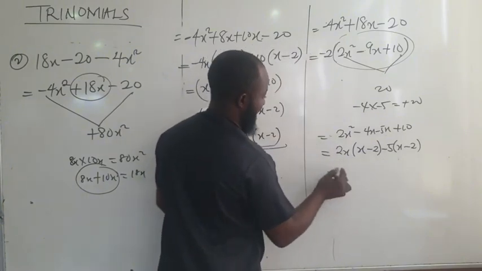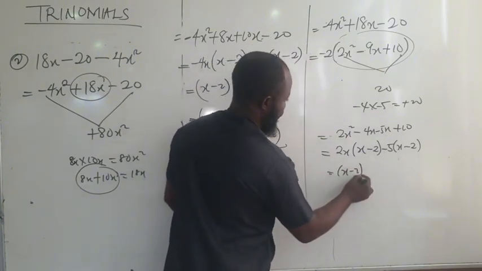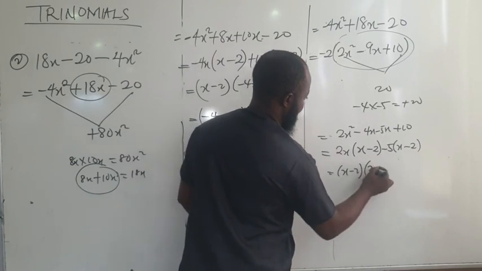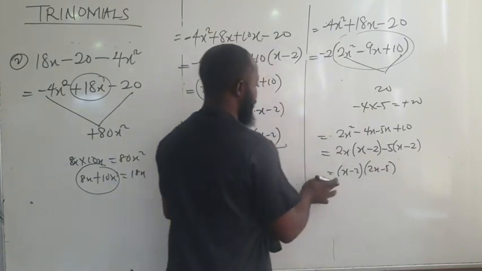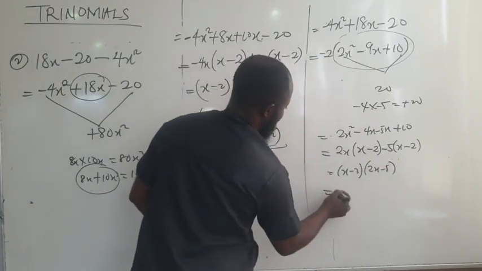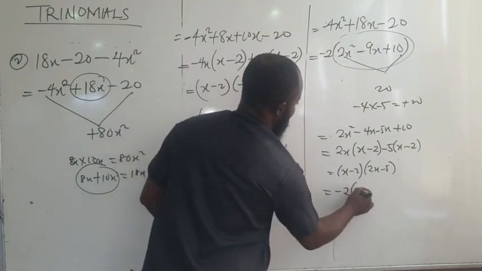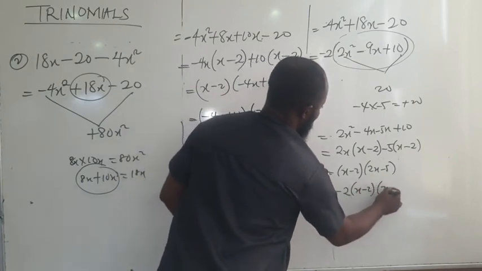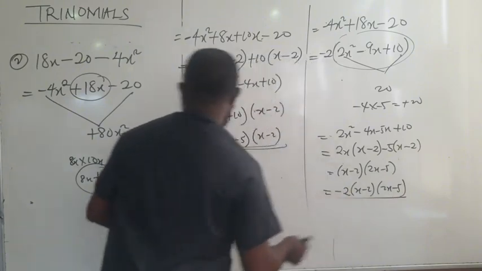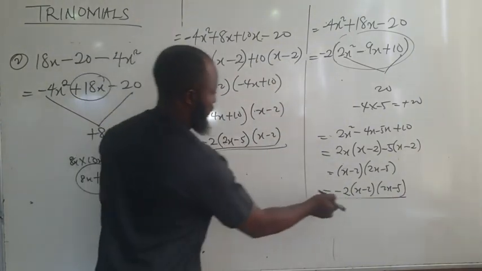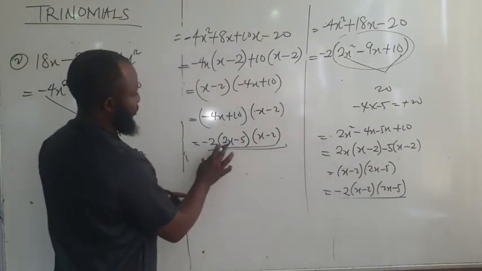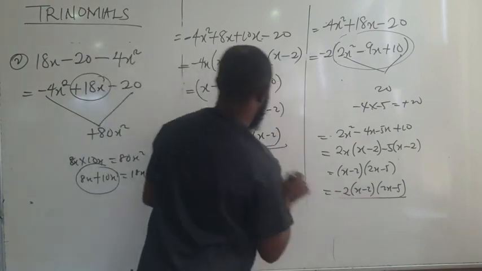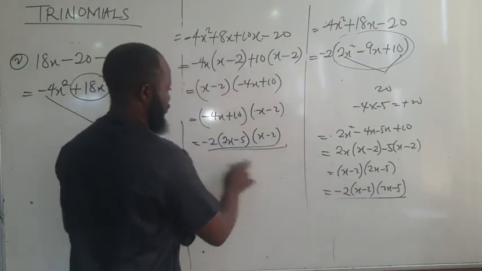So that means we're going to have x minus 2, then 2x minus 5. So these two, we then place at the final answer: minus 2 into x minus 2, and then 2x minus 5. Look at what we have there, it's still the same thing.